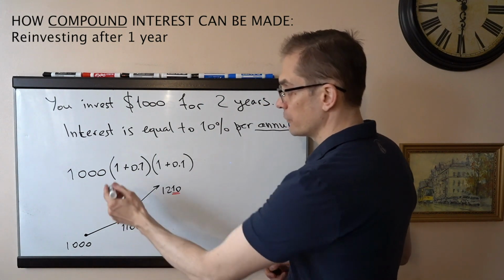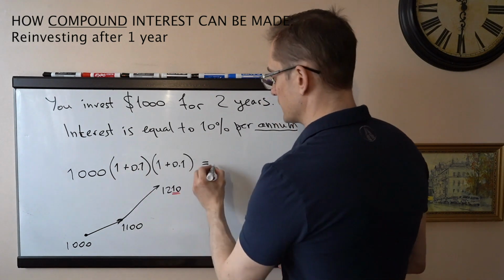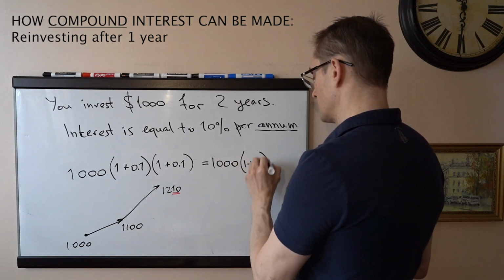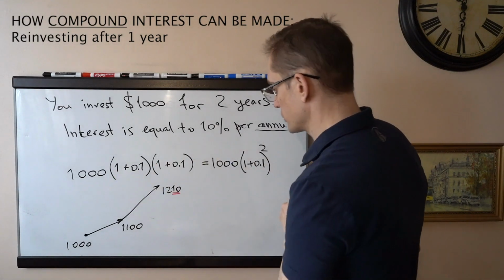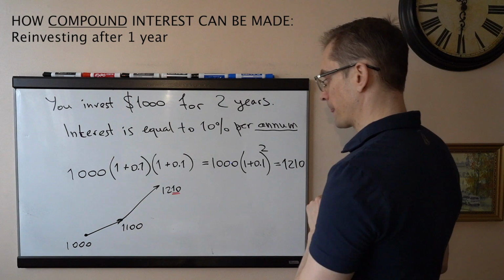Okay? So if you actually take a calculator, it is very helpful to write this expression a little bit differently. So you see, the exponent is appearing here because it's multiplication of the same thing, and it's going to be 1,210.